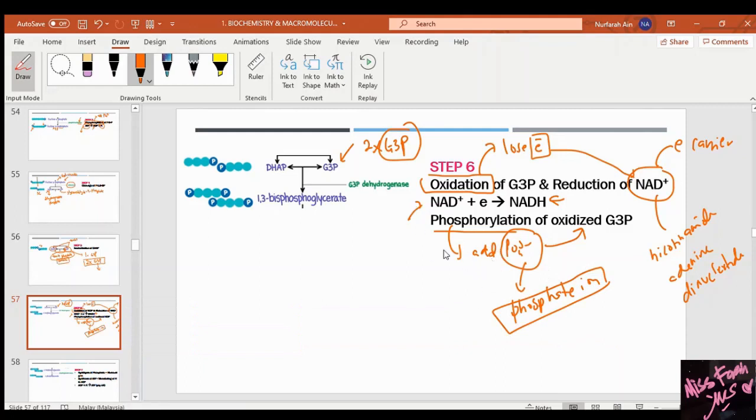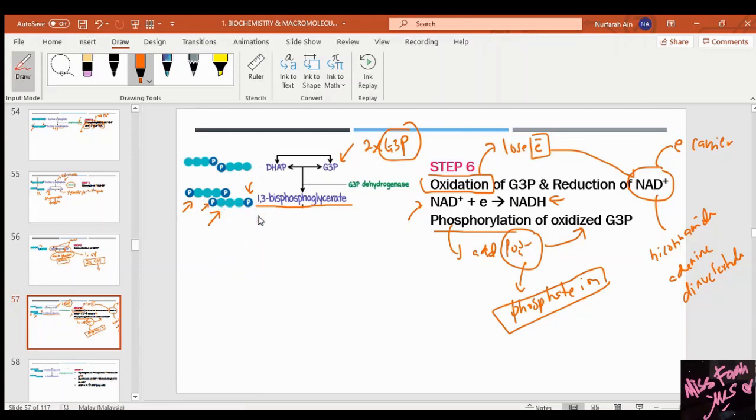When you add a phosphate group to G3P, we are converting it to 1,3-bisphosphoglycerate. After we oxidize G3P and phosphorylate it, we convert it into 1,3-bisphosphoglycerate. Since you have two molecules of G3P, this is the first molecule and this is the second molecule. Because we add another phosphate group, this is the initial phosphate group that we added previously, and this is the second phosphate group.